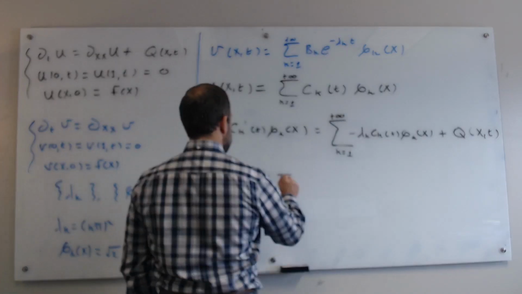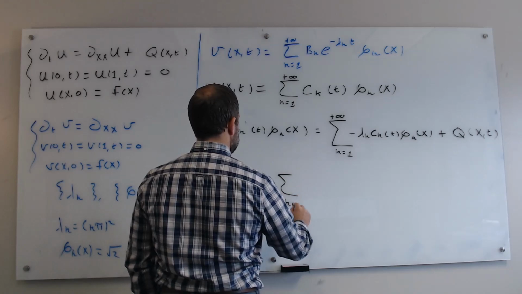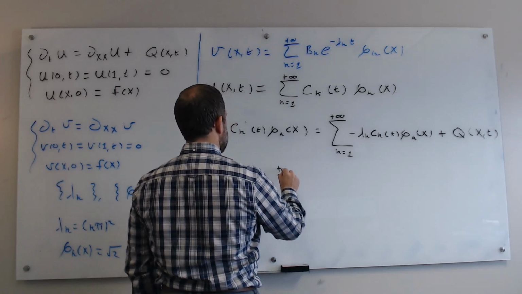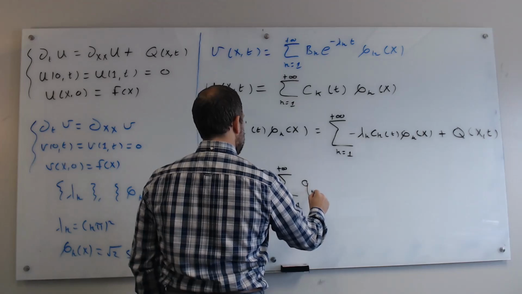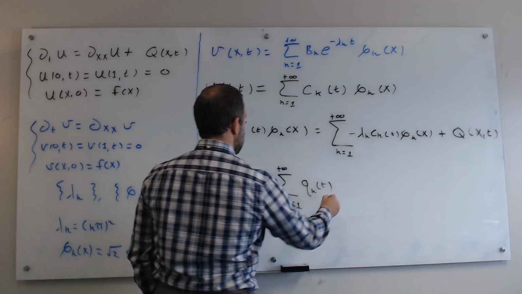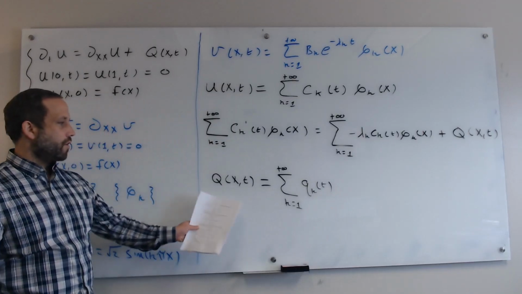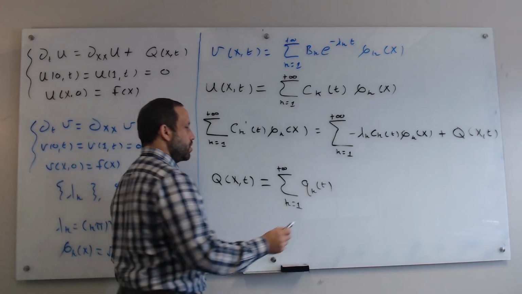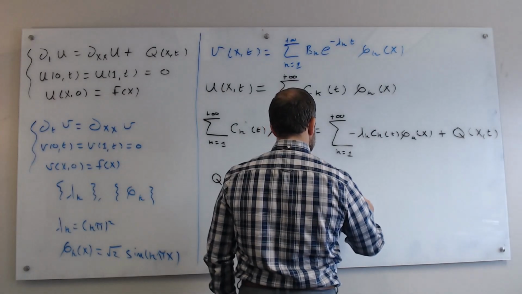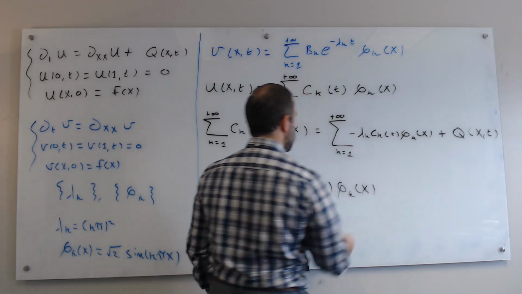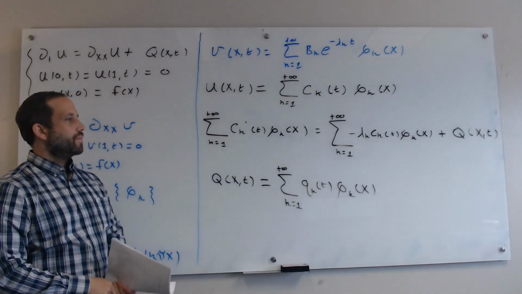And so we can also write this as the sum k equals 1 to infinity. I'm going to call it little q_k of t because we're going to get a different coefficient for every k and for every t. So q_k of t phi_k of x.